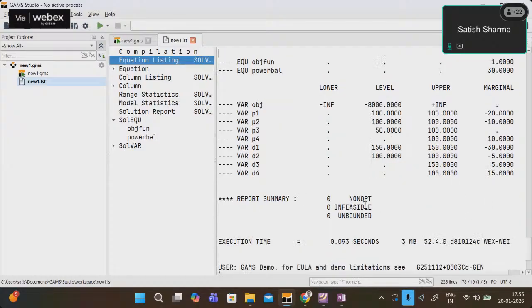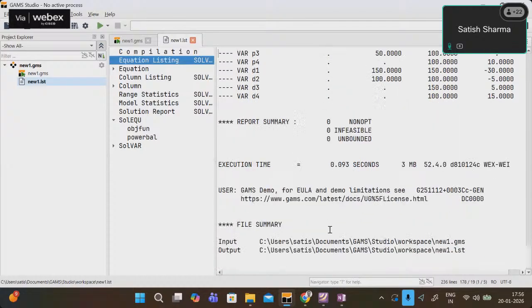Then non-optimal, infeasible, unbounded, everything is zero. So yes, our solution is completely fine, because sometimes it is solved in multiple iterations. So how many iterations are non-optimal or become infeasible or unbounded? This information is provided here, along with some execution time and the license. We are using a demo license for the time being. So this is what the input file was, the new one .gms, and the next file, .lst, is the output file.